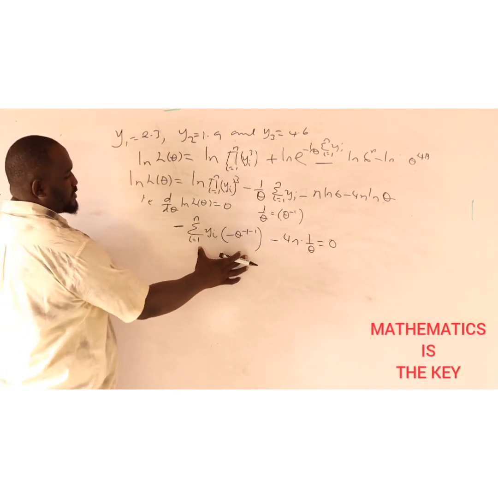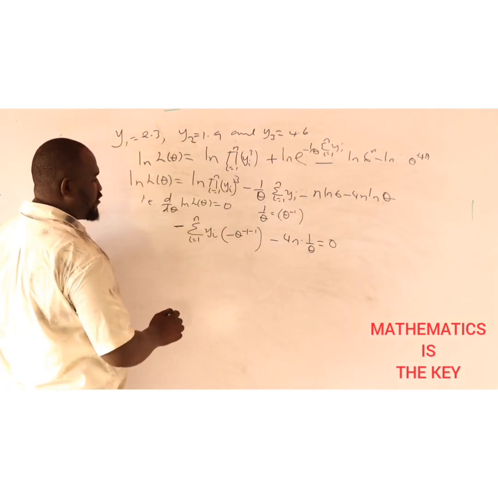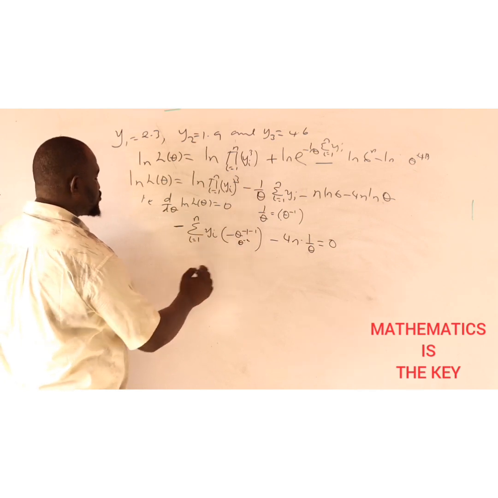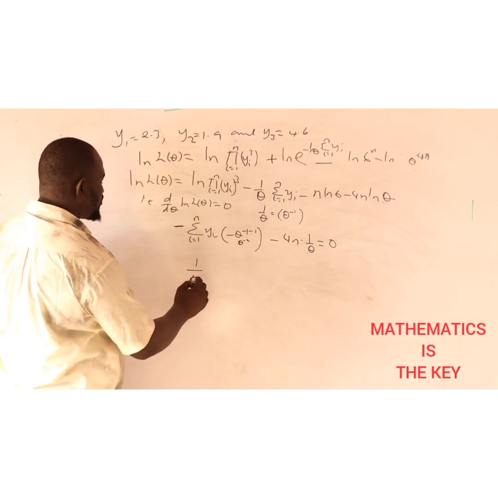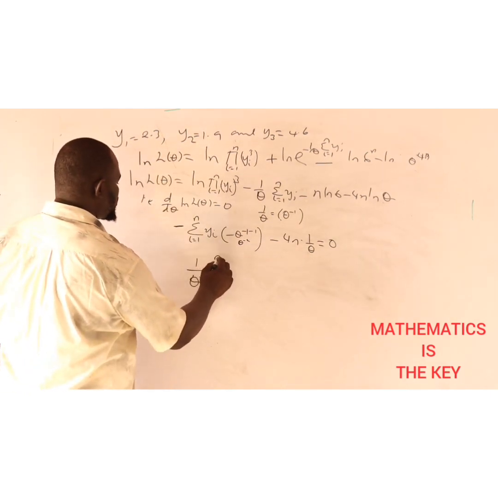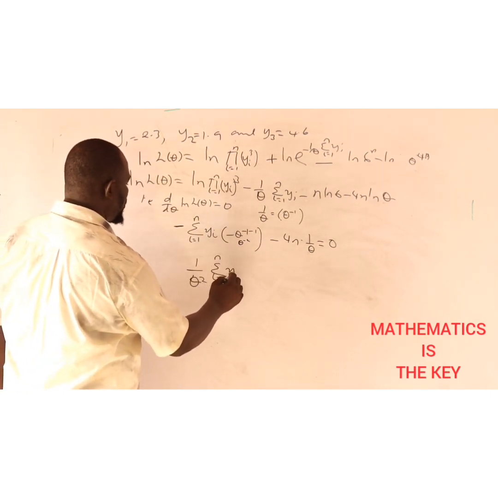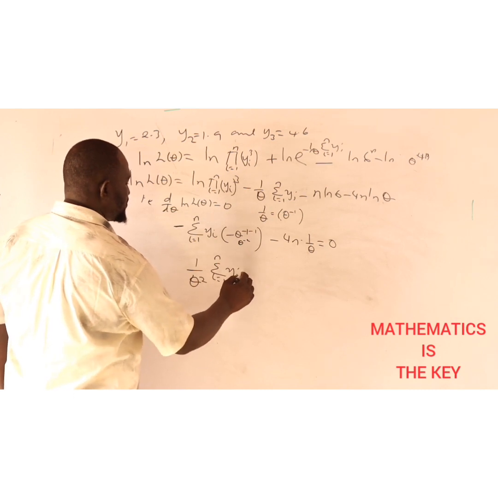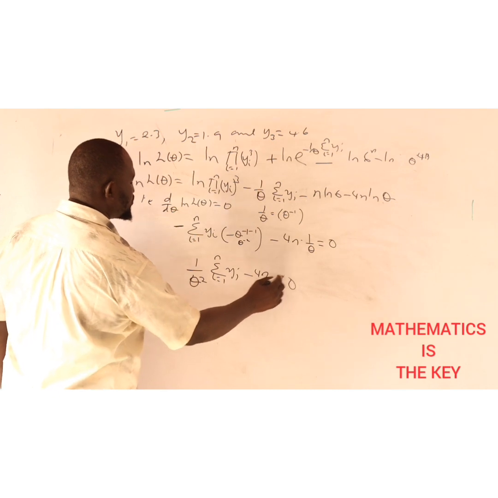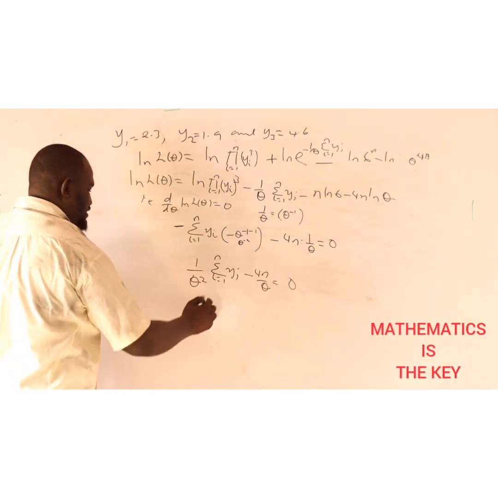So, this side now, minus minus gives plus, and this is the same thing as theta to the power of minus 2, the same as 1 over theta squared. Then we have the summation to n of i equals 1 of yi minus 4n over theta equal to 0. Let's simplify this as well.